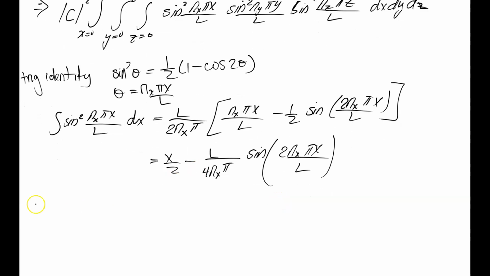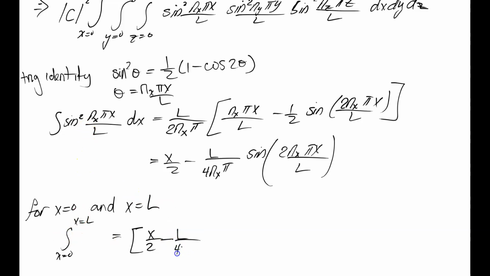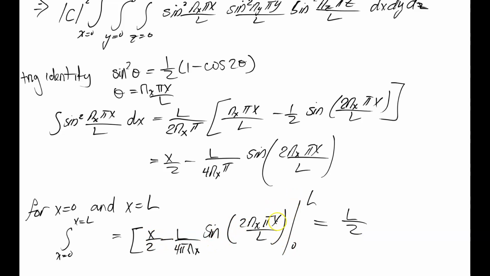And if we evaluate this between 0 and L, the integral from x equals 0 to x equals L would equal x over 2 minus L over 4 pi n_x times sine of 2 n_x pi x over L, evaluated between 0 and L, would just give us L over 2, because the sine of 0 is 0, x is 0, so we only get the contribution from L, and we get L over 2.